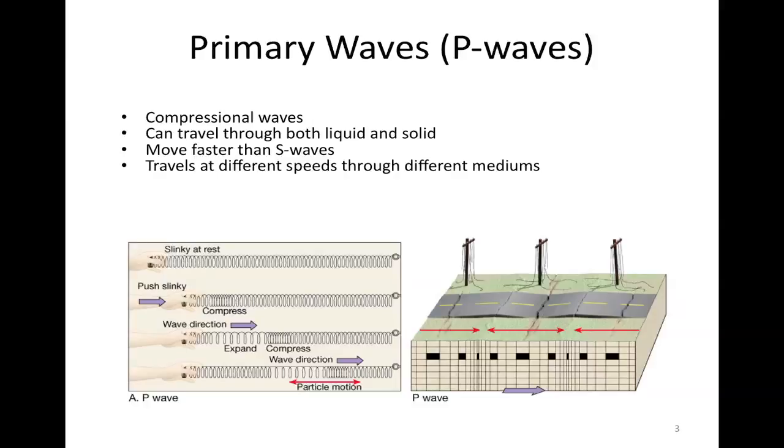That's a compressional type of wave because it's compressing and expanding the medium as it travels through. Earthquake P waves are very much the same way, and that's what's shown on the right hand side of the screen. You'll see the blocks in different sizes there. Some are stretched out, some are squished in, and that's because of the way the P wave travels through the solid earth. Much like through the slinky, it's compressing and expanding the earth as it travels through.